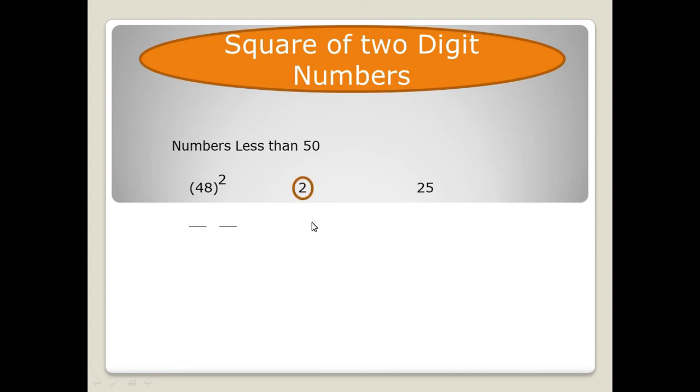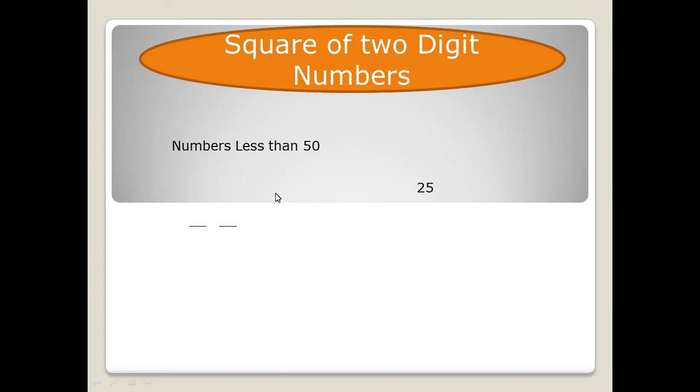We will again take the square of 2, add 0, and then we will subtract 2 from 25, that is 23. Place 23 here and the answer is there, that is 2304.